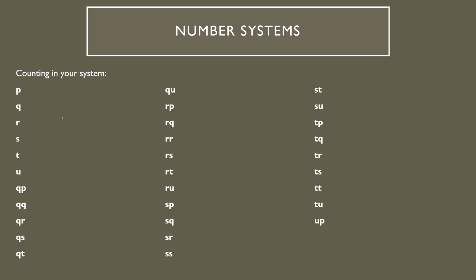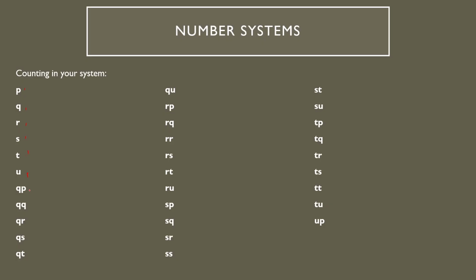So let's talk more about the base 6 system, just to get an intuition for how bases work. Imagine counting in base 6. Just like you count in decimal, an alien would learn to count starting from the equivalent of 0, P. So they'd go P, Q, R, S, T, U. And once they run out of letters, just like when you reach 9, when they reach the equivalent of 5, which is U, they will just move 1 over.